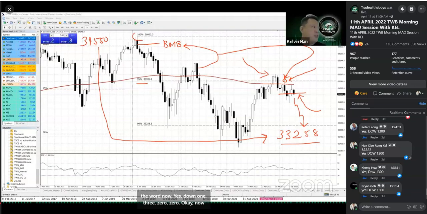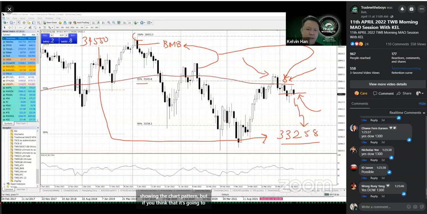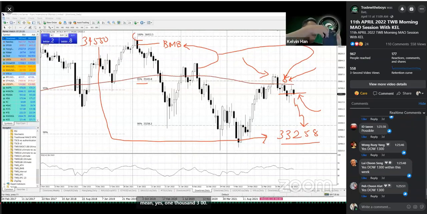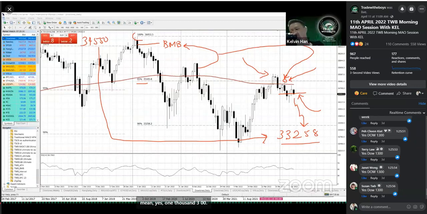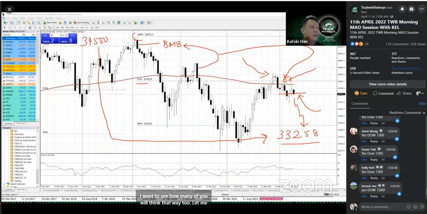Yes, Dow 1300. Okay, now I'm not saying that the market will be going there for sure. I'm just basically doing the mathematics here, and I'm just showing you the chart pattern. But if you think that it's going to go there, it's all right. Just text the word Dow. Yes, I mean yes, Dow 1300. I want to see how many of you will think that way too.